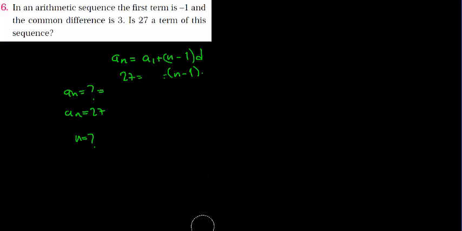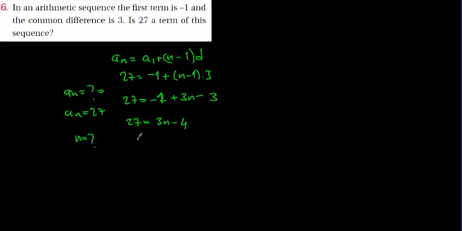The first term is minus 1 and the common difference is 3. So 27 is equal to minus 1 plus n minus 1 times 3, which is 27 equal to 3n minus 3 minus 1, so 27 is equal to 3n minus 4.